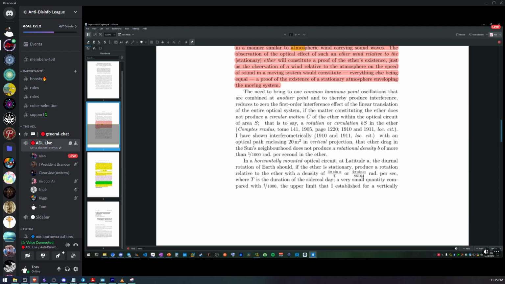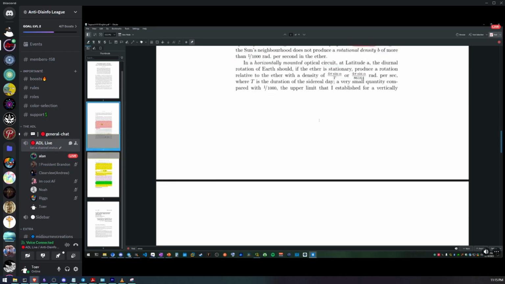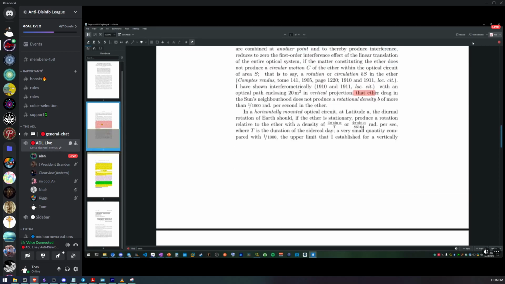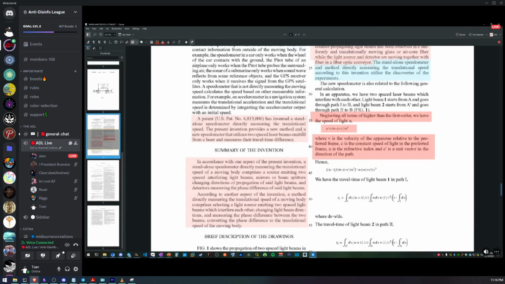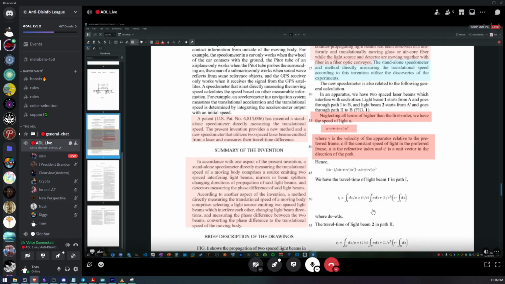So that was the original interpretation. When they're referencing that absolute reference frame, that background, this is that. This right here is like a nod to Sagnac.